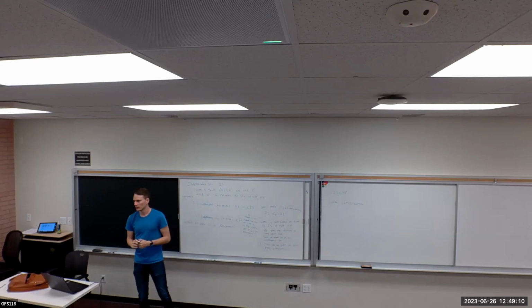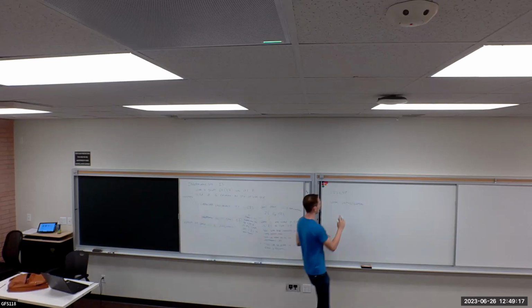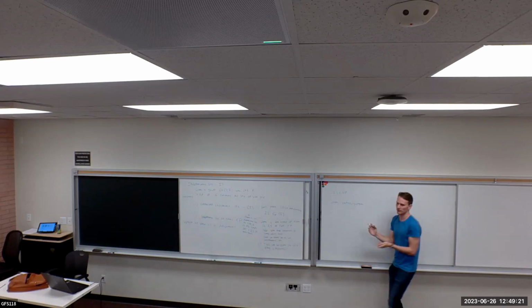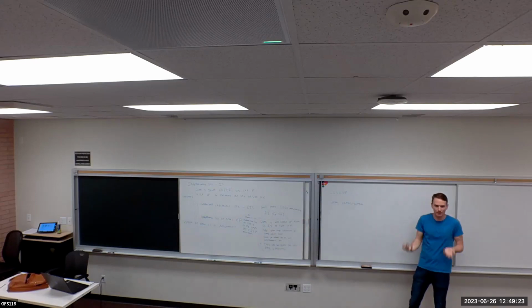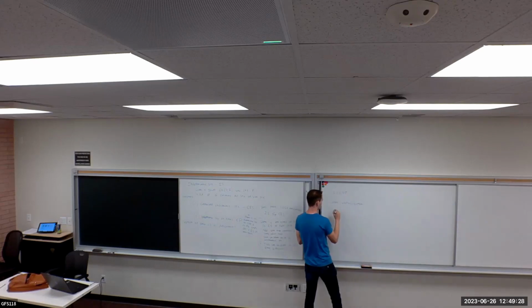Graph. I mean, we already have the graph, so it would just be the vertices. I'm just thinking about the solution. The solution would be the independent set, or the connected independent set.